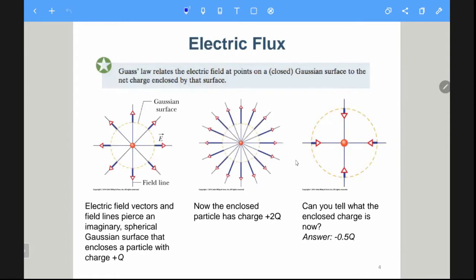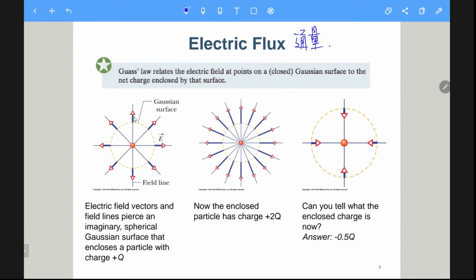Okay, so now let's introduce a concept called the electric flux. Flux in Chinese is 通量. As we know from the previous chapter, we have the concept of the electric field line.